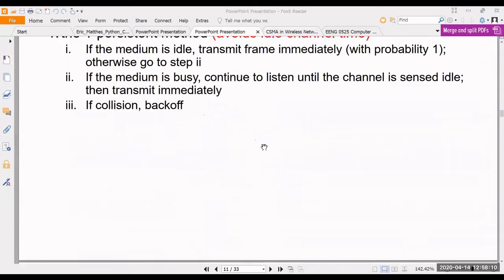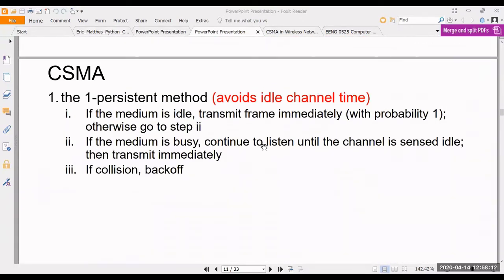With this one persistent technique, what we are saying is that the hosts sharing the medium are always sensing the medium. It's not leaving the medium to chance. It senses the medium, and when it's busy, it still senses. It senses until there's a particular idle time when the channel is not busy, and then immediately it transmits.